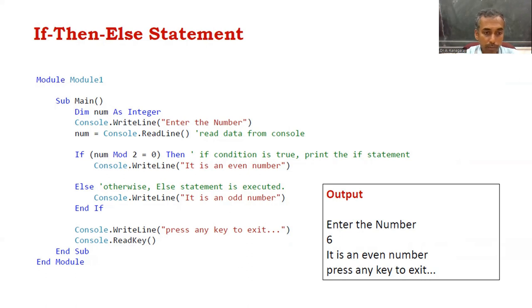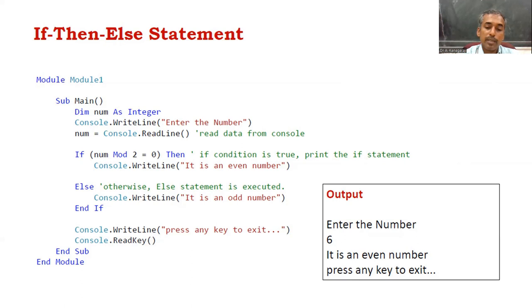For num we gave 6, so 6 Mod 2 equals 0. Of course, it's true. So automatically control will get into the true block. Inside the true block, we are simply displaying Console.WriteLine, it is an even number. So we will get the output, it is an even number. And immediately the control exits from the entire If Then Else statement, and the remaining code will get executed.